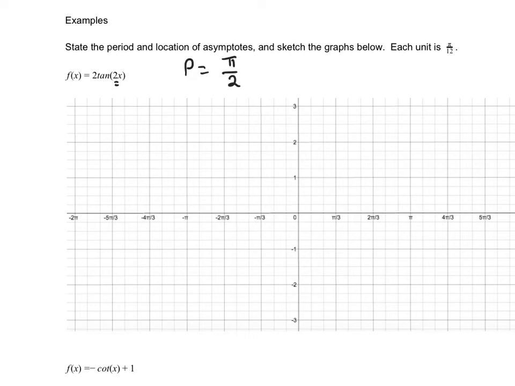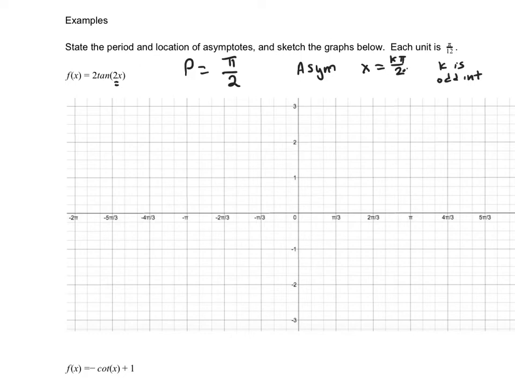Now, interestingly enough, for the asymptotes, we can do a similar thing. So the asymptotes typically are x equal k pi over 2, where k is an odd integer. Well, to do these new ones, we'll just divide that by 2 as well. Whatever we do to the period, we're going to do to the asymptotes as well.